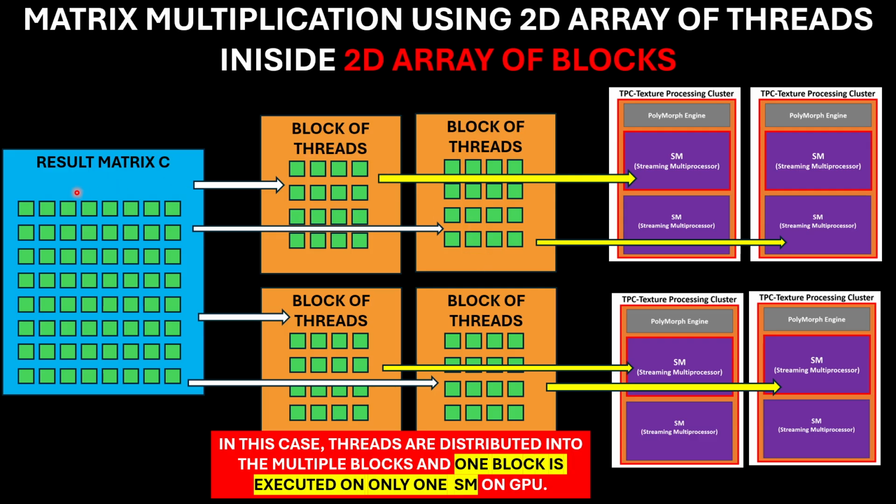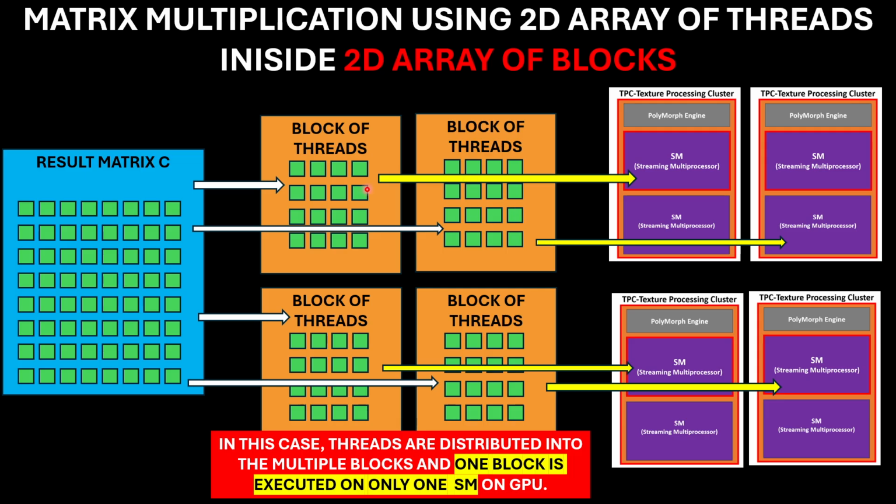Threads which correspond to the solution of each element of the matrix C are assigned and deployed inside the blocks. Threads and blocks go in the X and Y direction, and this is equal in each block.